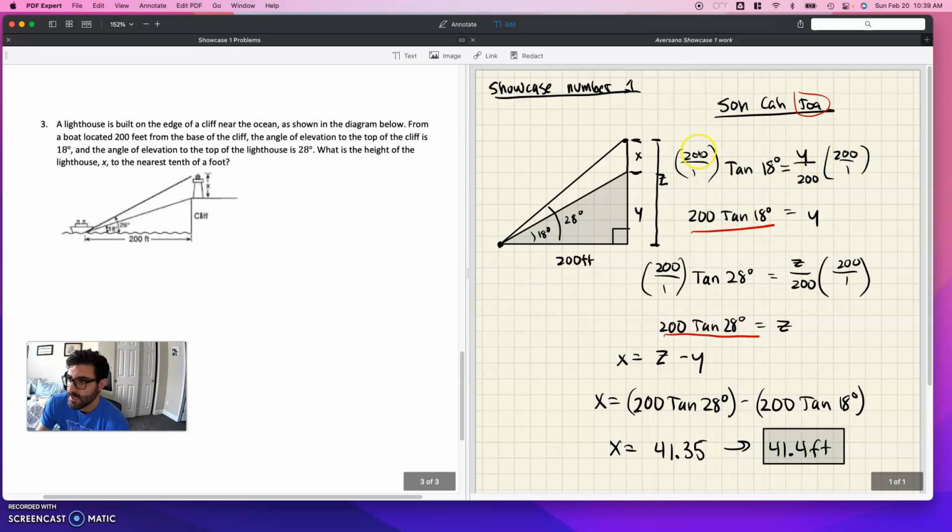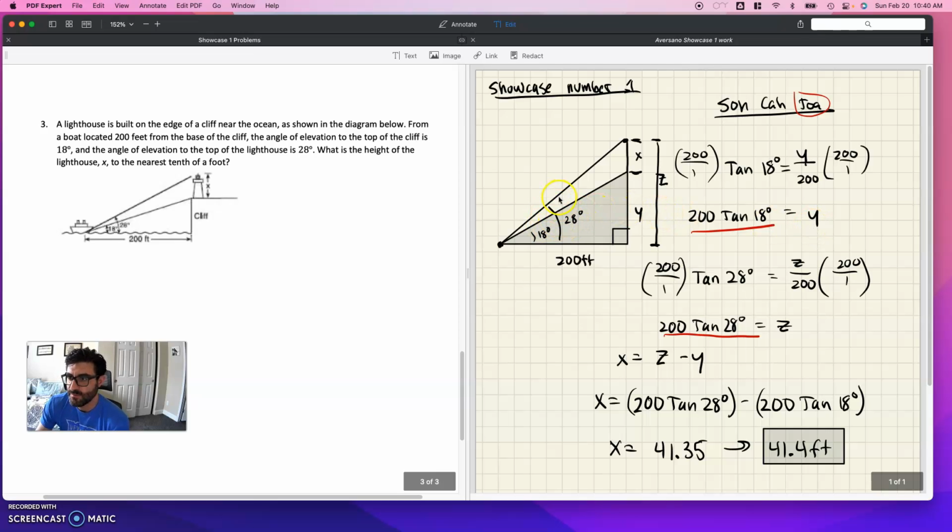Doing some algebra, we can cancel out the 200 on the right side of the equation and leave it with just y, and then we have 200 tan of 18 degrees is y. I think it's easier to leave it in this format since we need another piece, rather than getting a decimal here and a decimal there, and then you have to round it and you might get thrown off because it's asking for the tenth of a foot. So try to be as precise as possible and round at the end. We'll just leave that as y.